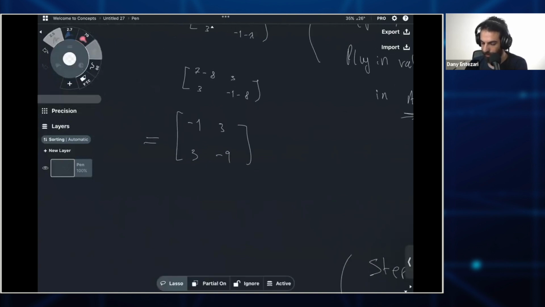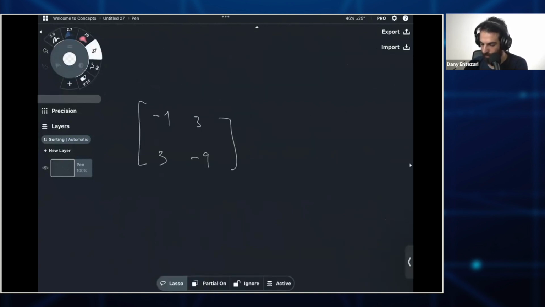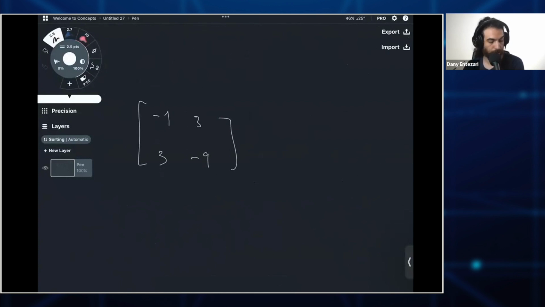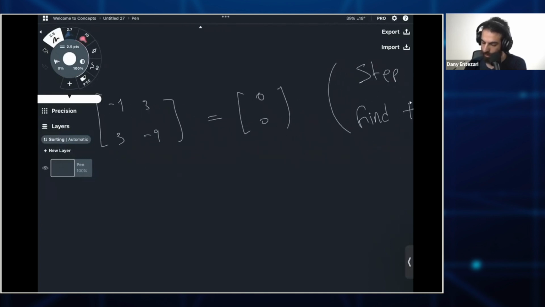So I'm going to take this matrix, and we are going to have a square matrix. Excuse me, we're going to have a vector, 0, 0. Essentially what this equation represents is the following.